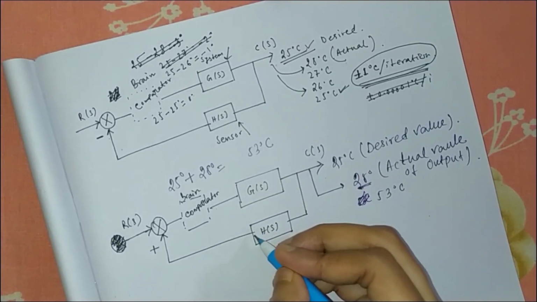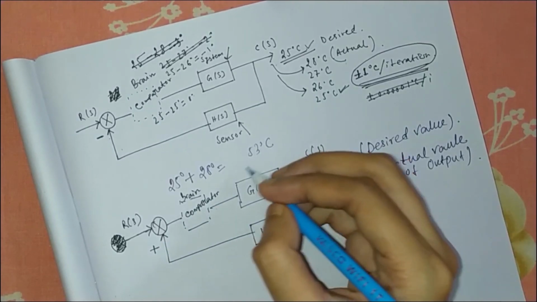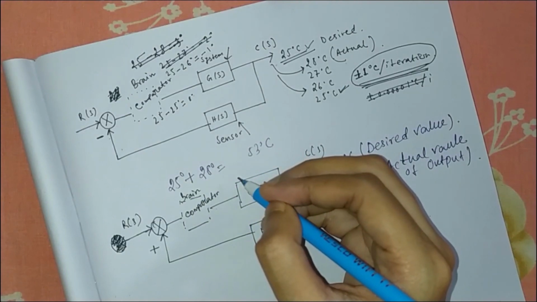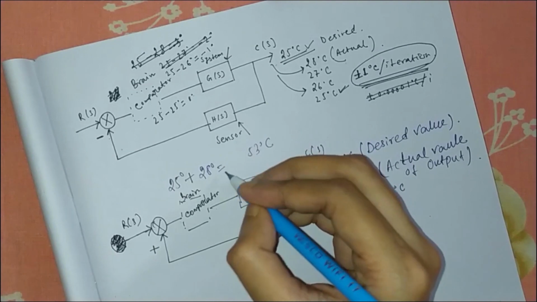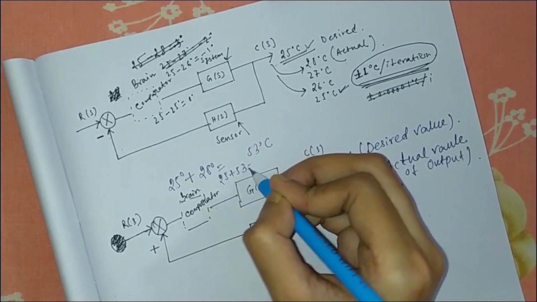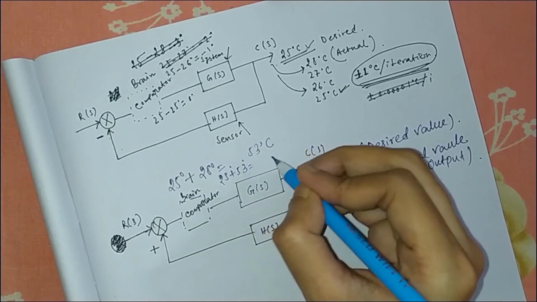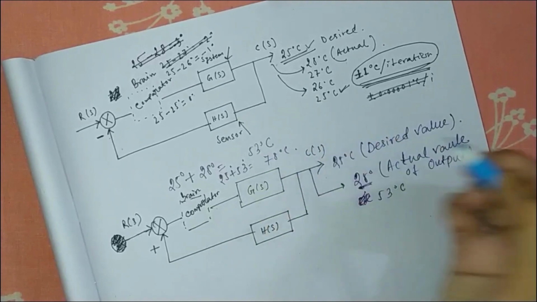Again this 53 degrees centigrade will go into the input side through the sensor, and the comparator will sense that, and this will make the output 25 plus 53.